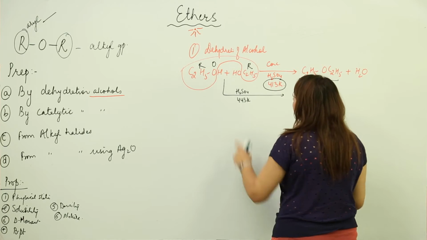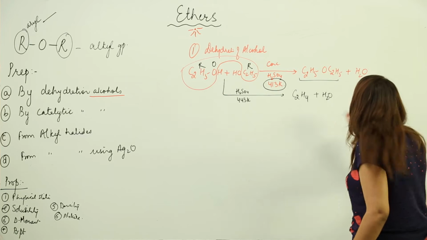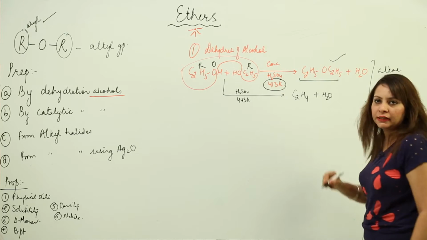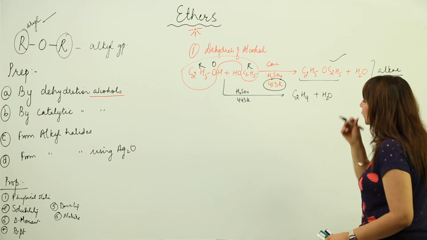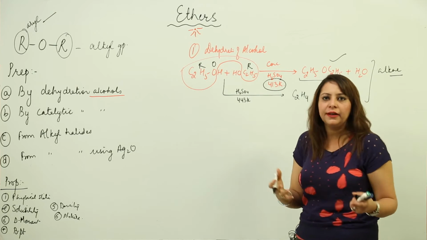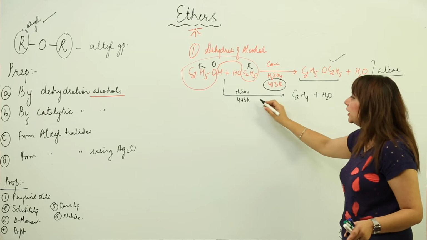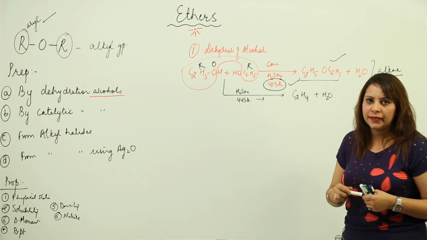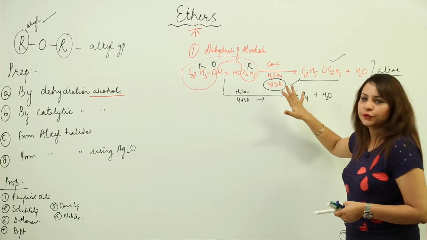So in this reaction there is a chance of formation of alkene along with the ether. In that case you need to take the alcohol in greater amount, and moreover you need to take care that the temperature does not exceed 413 Kelvin, right. So this is dehydration of alcohol.